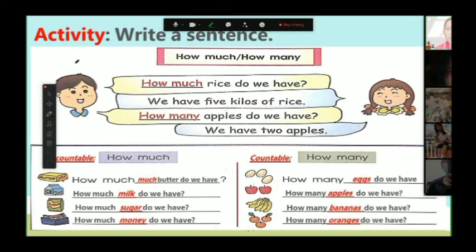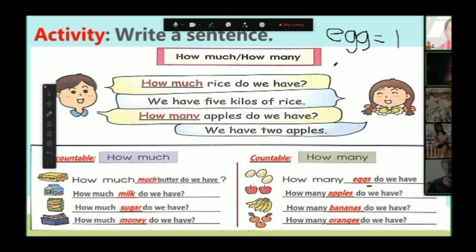Can you see my pen? Do you see my pen? For example, this one. Can you see this one? Egg. Okay, that means only one, isn't it? But this way is eggs.